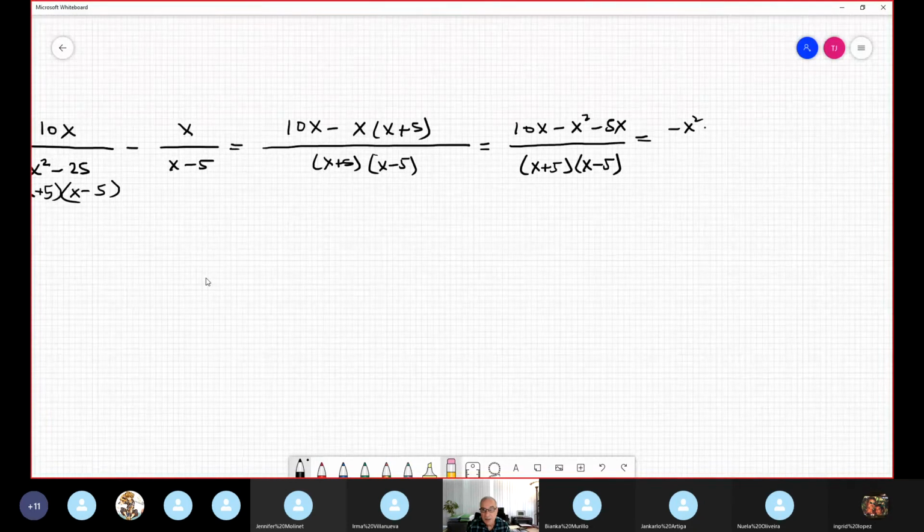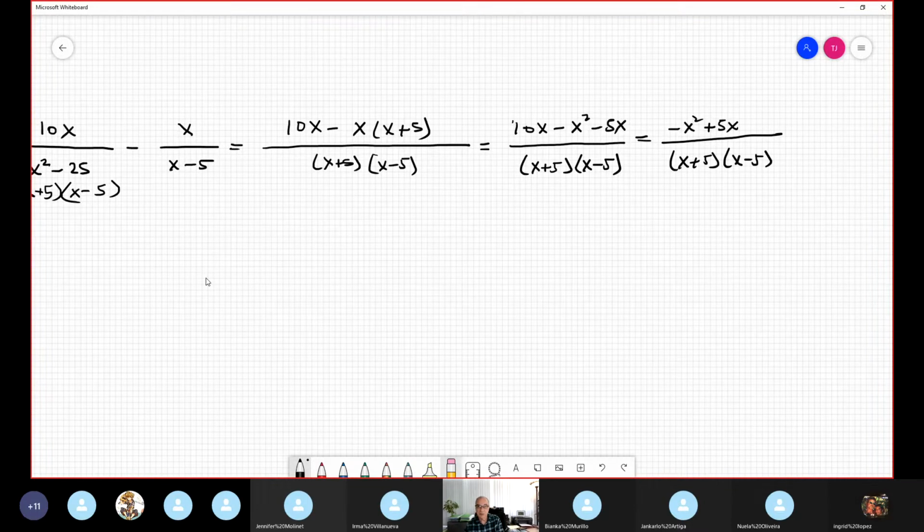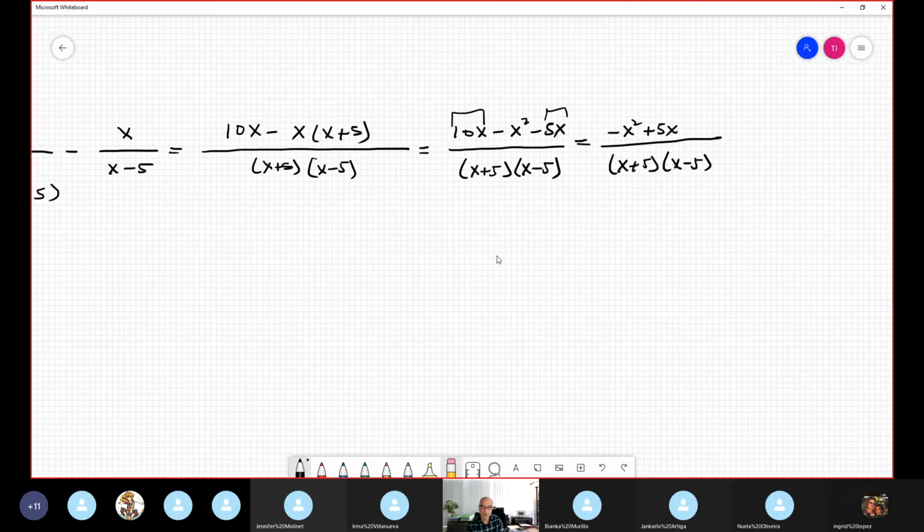So you copy plus 5x divided by x plus 5, x minus 5. Let me see if I did well or not. Well, basically we combine like terms, no? So I copy this, and you combine 10 minus 5, positive 5. Okay, good. I finished.